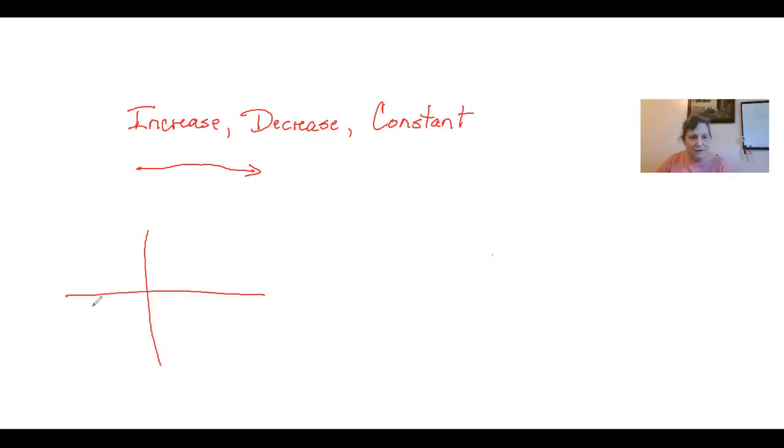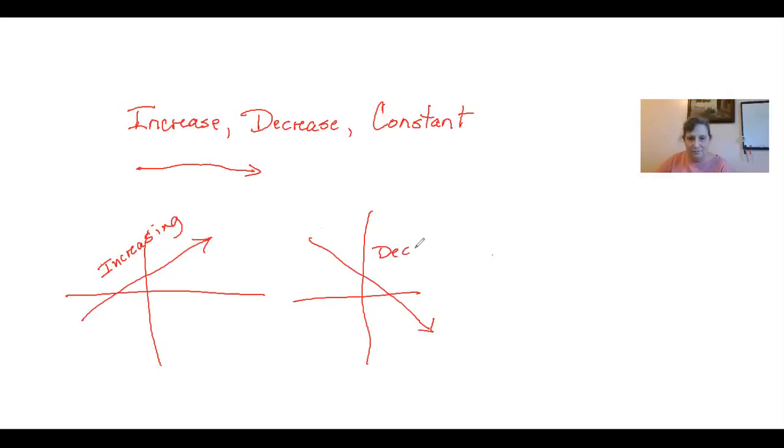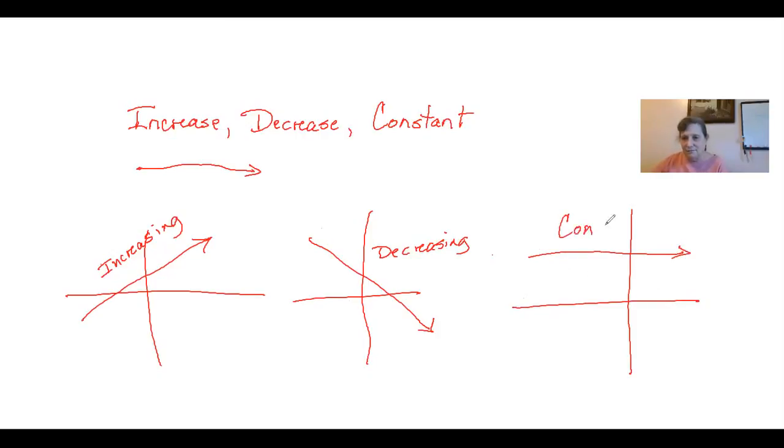If the graph reading from left to right is going up, it's increasing. If the graph is going down, left to right, it's decreasing. And if it's just running horizontally, it's constant.